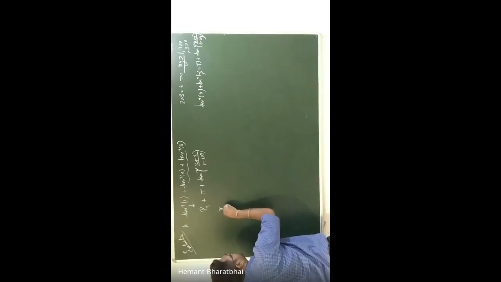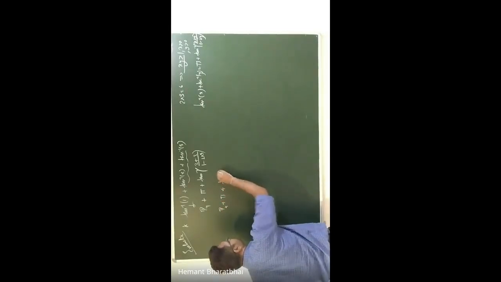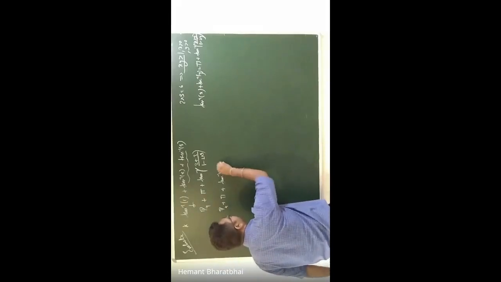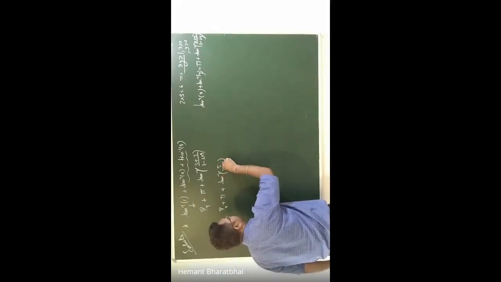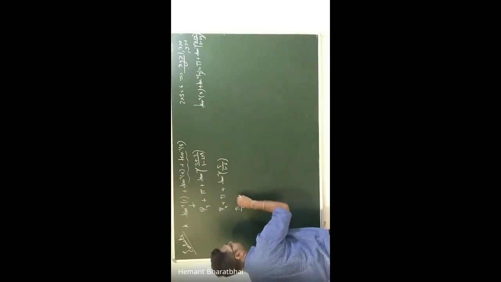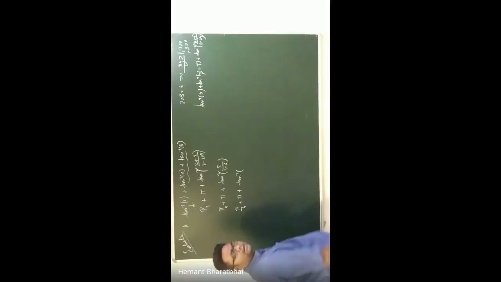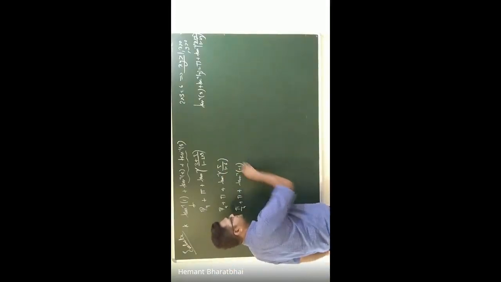So I will get pi by 4 plus pi plus tan inverse of 5 upon 1 minus 6. So that will be pi by 4 plus pi plus tan inverse of 5 upon minus 5, that will be minus 1.